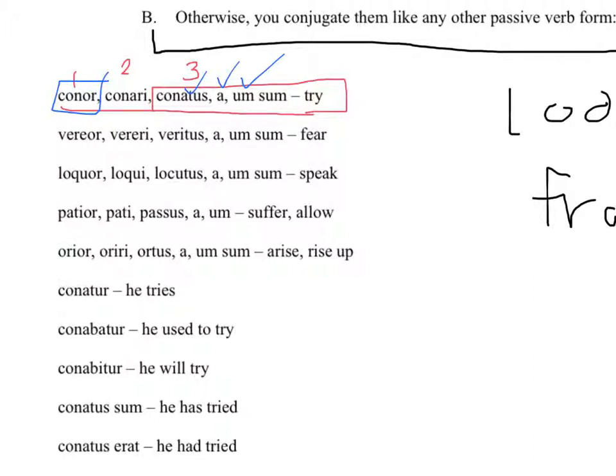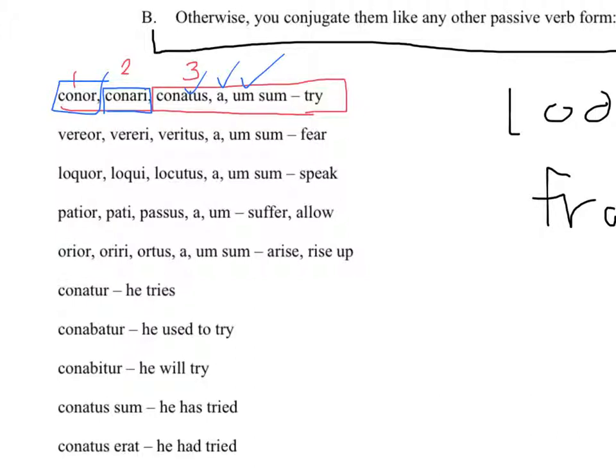Conor, for example, would translate as I try. The conari right here is the infinitive present passive. It's translated, though, as if it means to try in the active voice. And again, conatus sum would translate as I have tried.